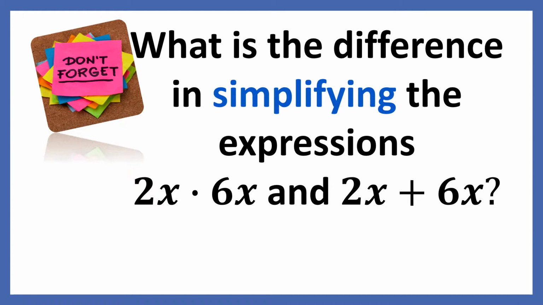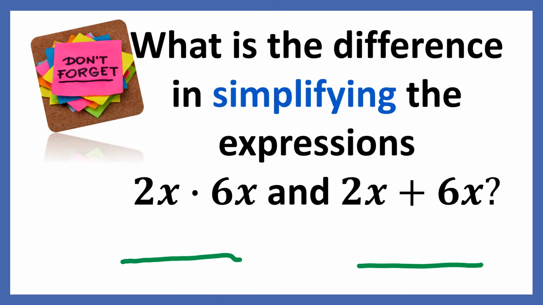All right, last thing to remember before we start doing some problems. What is the difference in simplifying the expressions 2x times 6x and 2x plus 6x? It's very important that we remember this fundamental concept for algebra so we don't make silly mistakes.